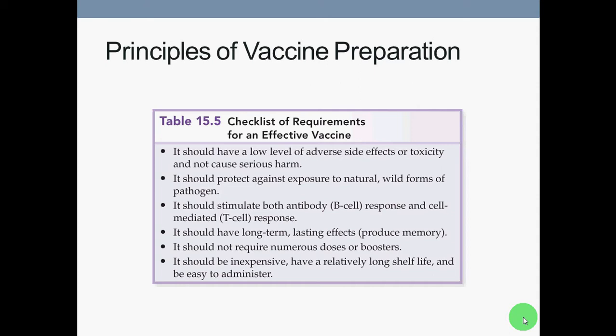It should stimulate an antibody response and also the cell-mediated response, because those T cells, like the cytotoxic T cells, for example, they're the ones that are going to go along and actively kill the microbe. Should have long-term effects, shouldn't require too many boosters, and it should be relatively inexpensive and easy to administer.